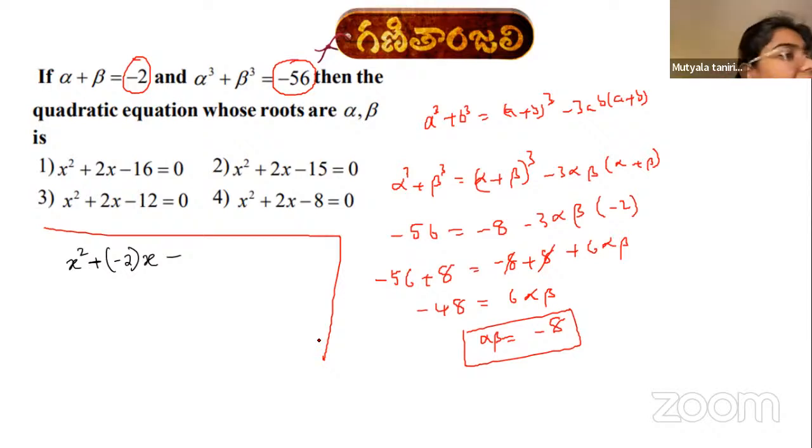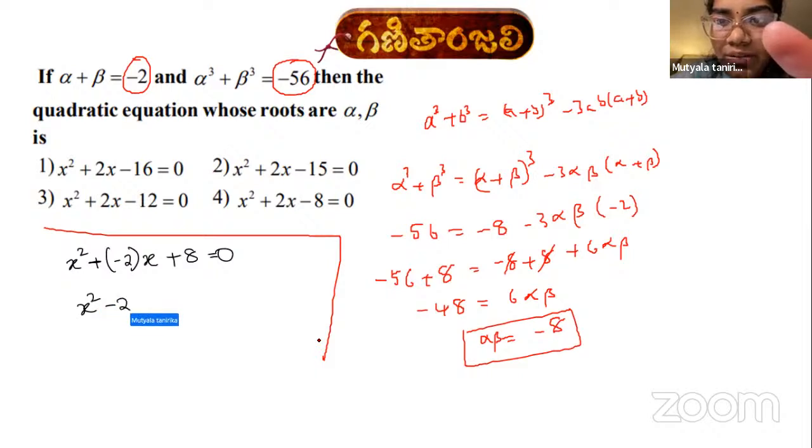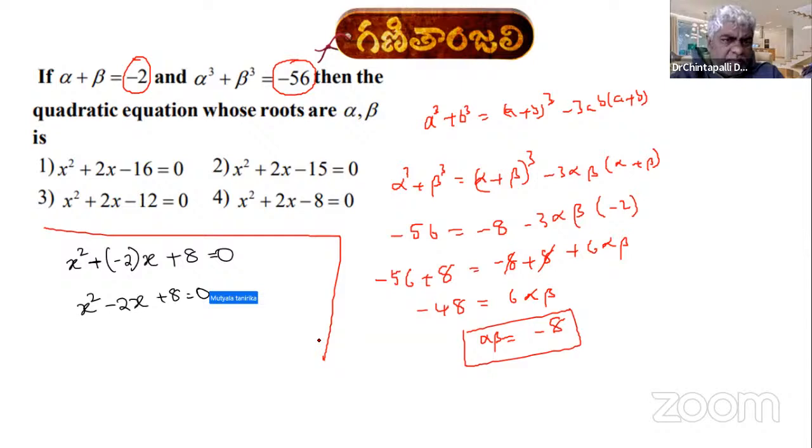I forgot the equation. Okay, I'm wrong. X square minus of alpha plus beta. Do you remember the formula? Ax square plus bx plus c equals 0.